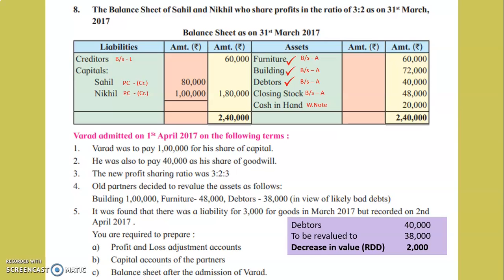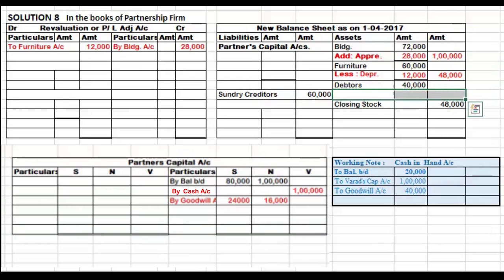Debtors is shown in the book as 40,000 and now we have to reevaluate to 38,000 in view of likely bad debts. So there's decrease in the value of debtors by 2,000 and this 2,000 is your RDD. So we write 2,000 as RDD from debtors and deduct it and write this on the debit side of profit and loss adjustment account to debtors rupees 2,000, or we can write this as to RDD rupees 2,000.